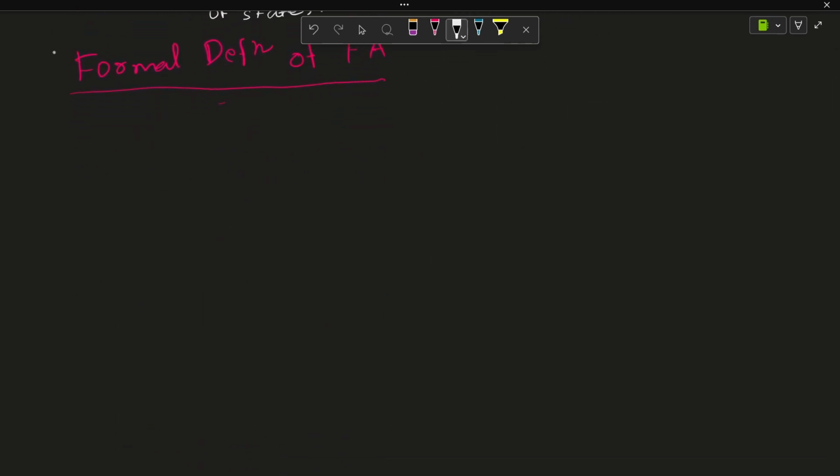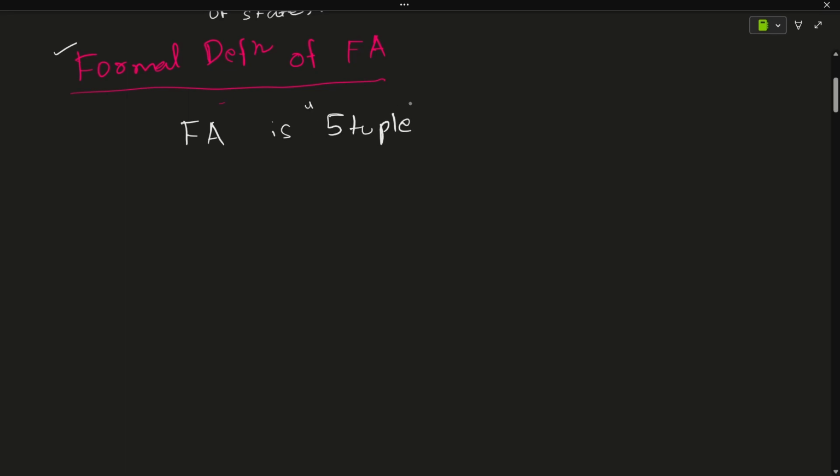So let's discuss it in the formal way. What exactly is finite automata? The formal definition says that FA is a 5-tuple. What do we mean by tuple?